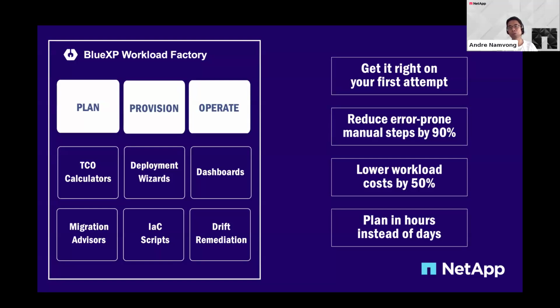It will help lower the workload cost by up to 50% because it will really take into consideration the best configuration for the deployment. And lastly, when you are planning to deploy, you can decrease the plan duration from days to hours. So that's a very good tool to use, free of charge.